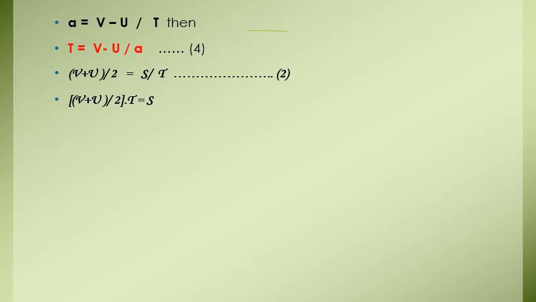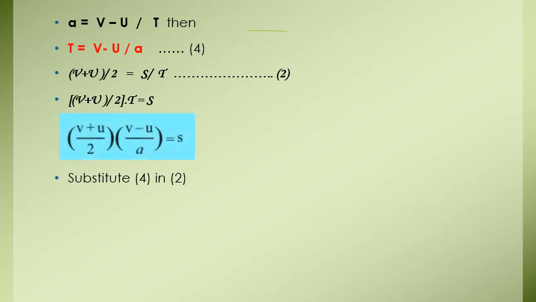So here, in the fourth equation, t is equal to (v minus u) by a. If you substitute (v minus u) by a instead of t in that equation, then what you will get is (v plus u) by 2 into (v minus u) by a is equal to s, isn't it?